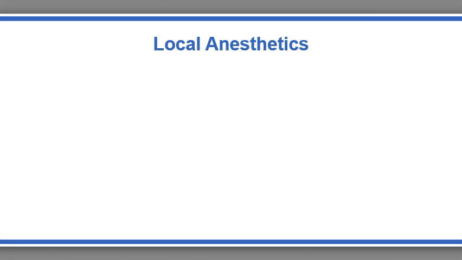Now looking at our other group of pain-relieving medications, known as local anesthetics. They're known through the suffix "-caine." The first local anesthetic discovered was actually cocaine, coming from the coca shrub. Over time we know that cocaine has been misused and abused, so we came up with synthetic versions of it.